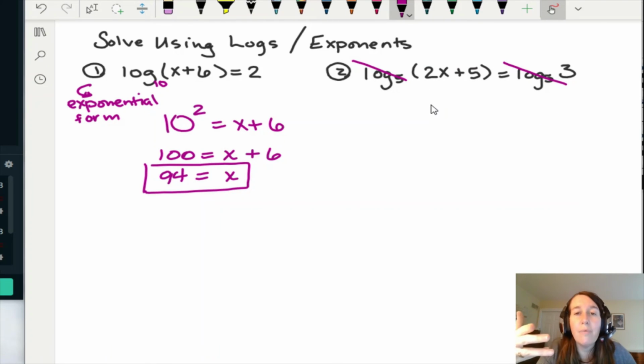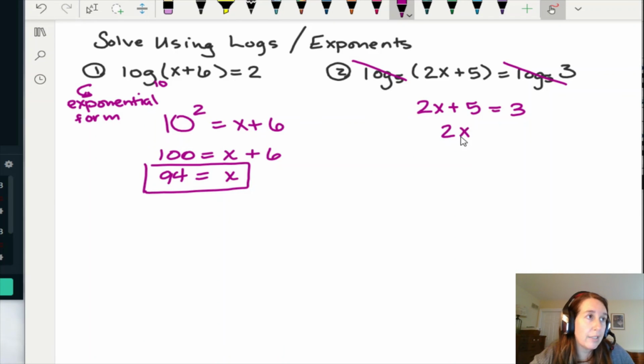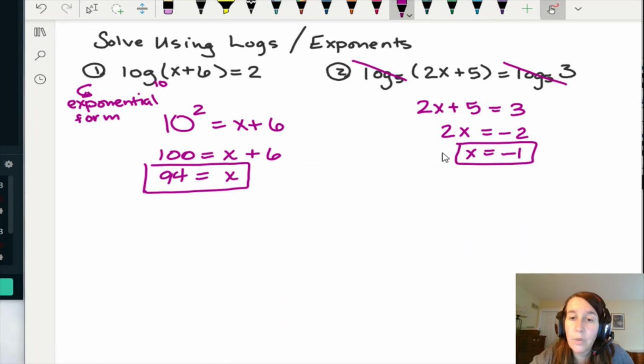We did the same thing with exponential form. When we had the same base, we knew the exponents were equal. So here we just have 2x plus 5 equals 3. So 2x is equal to, subtract the 5, you get -2, and divide both sides by 2, x is -1. So x is equal to -1.